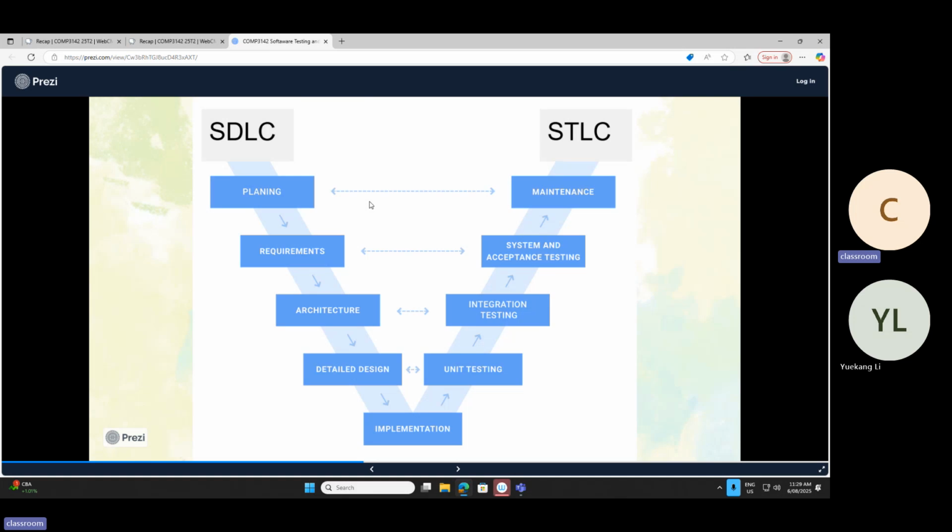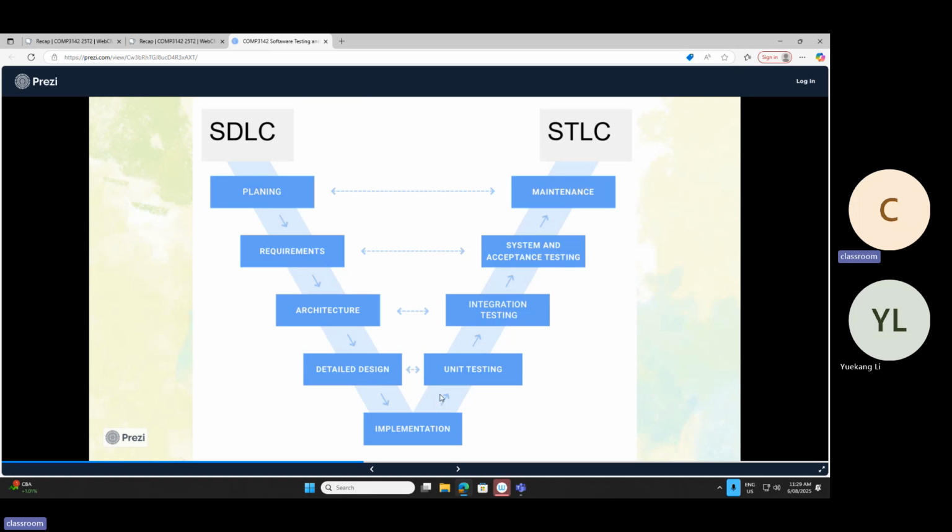And if we combine the software development life cycle with the testing life cycle, we get this very famous V model. It shows us the relations between different stages of development and the different stages of testing.